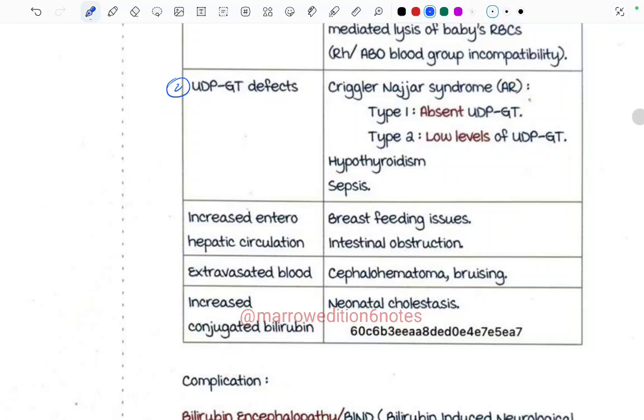UDP glucuronide transferase defects will be seen in Crigler-Najjar syndrome, hypothyroidism, and sepsis. Crigler-Najjar is an autosomal recessive condition, and there are two types of Crigler-Najjar defects: type 1, in which there is absent enzyme, and type 2, in which there are low levels of the enzyme.